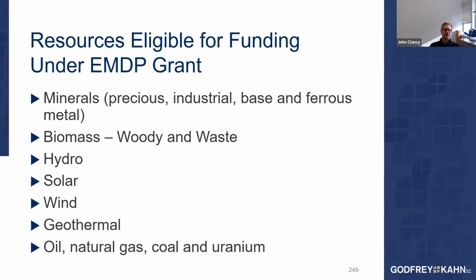It then provides funding for a wide variety of energy resources. It's not like a renewable energy grant like some of the other ones we'll talk about. So it could include things like oil, natural gas, coal, and uranium for purposes of nuclear energy production. But it can also include the renewable energy sources like wood materials, waste materials, hydro, solar, wind, and geothermal.